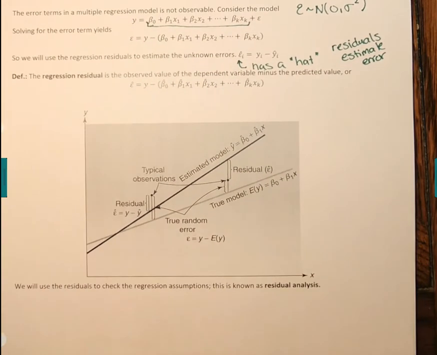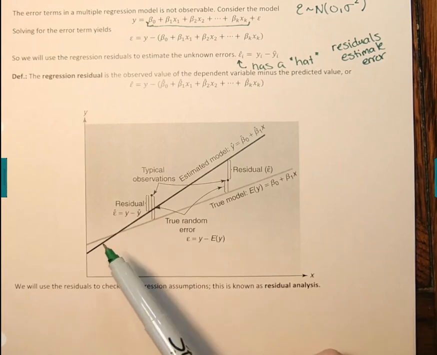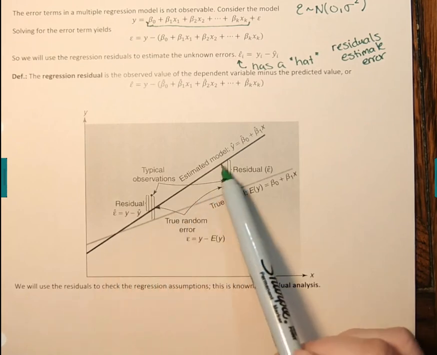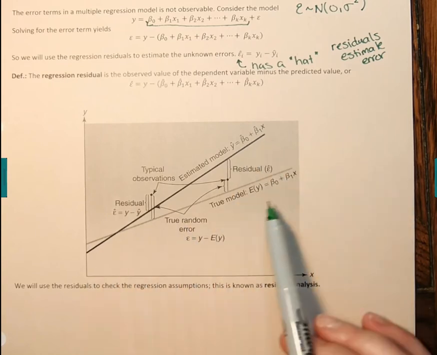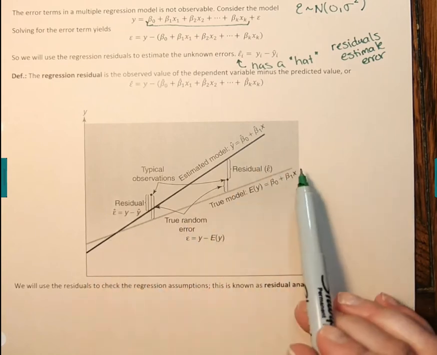Here we've got a picture of what's going on. Notice that this is written in terms of simple linear regression, a line, but remember that multiple regression could be a surface, it could have different shapes. Just for illustration here, our estimated model is given by the dark line and the true model is given by the gray line.